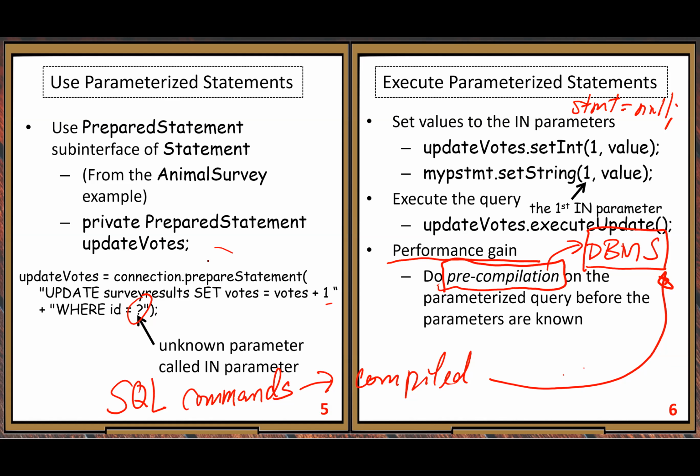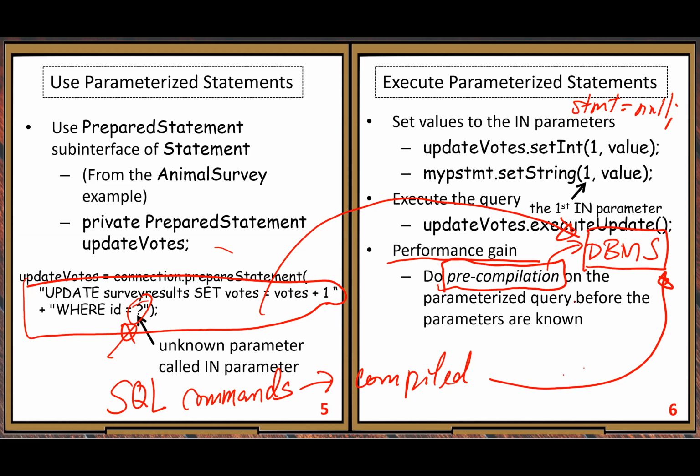Because you use a prepared statement, although it contains question marks, it can also be compiled in the DBMS. It's called pre-compilation. You cannot compile it completely because there are unknown question marks that you need to fix at runtime, so you can only partially compile it.